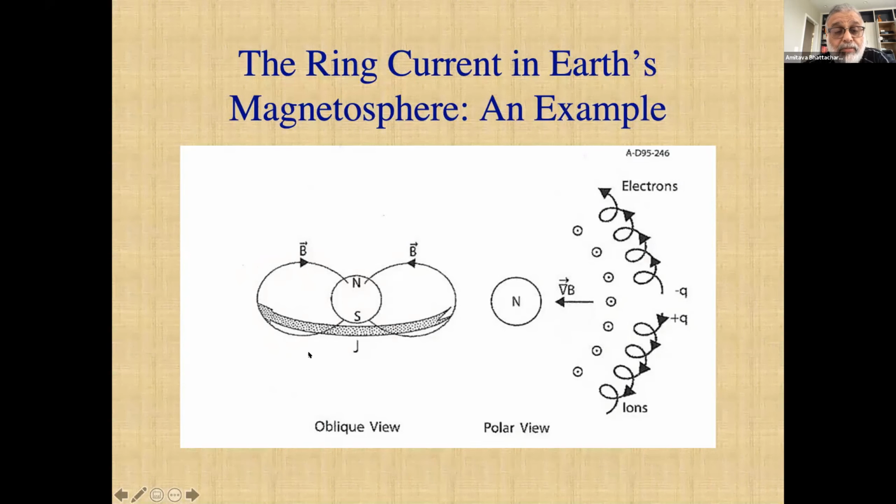So this dipolar magnetic field structure has both gradient as well as curvature in it. Gradient because as you go out from the Earth towards longer and longer distances, the dipole field falls off as 1 over r cubed. That's your spatial dependency. But it also has curvature.